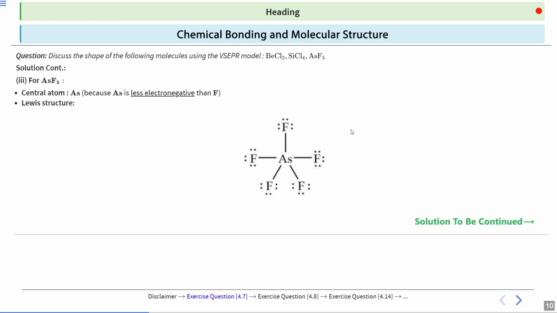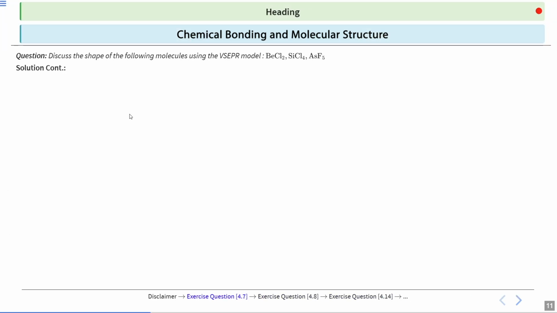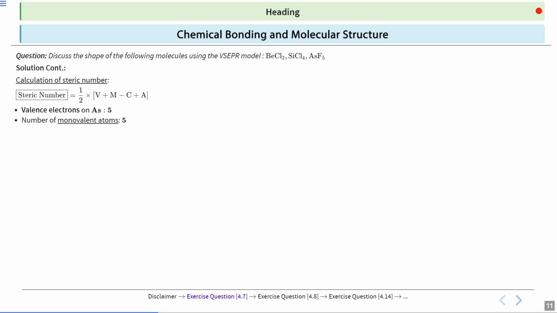Now, let us move on to the structure determination, where we will see the steric number calculation. We know the formula for the steric number, so again, the same formula. What about the values? For arsenic, the valence electron count is 5 and the number of monovalent atoms is 5. Then we have the charge as 0.